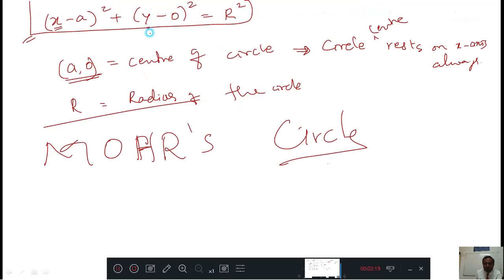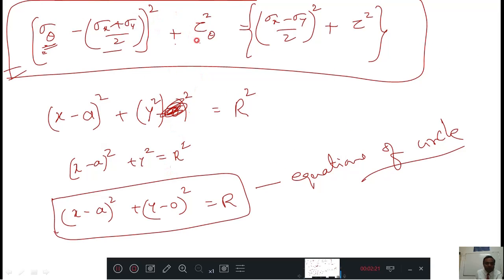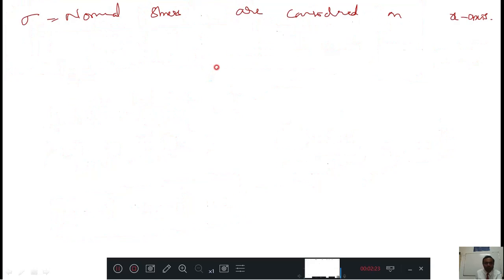Here y means tau theta. Tau, that is the shear stress, is considered on the y-axis. According to Mohr circle, we got one conclusion about what should be on the x-axis and what should be on the y-axis, because we are drawing a graph. Now we have a clear idea that on the x-axis we have the normal stress, and on the y-axis we should have shear stress.